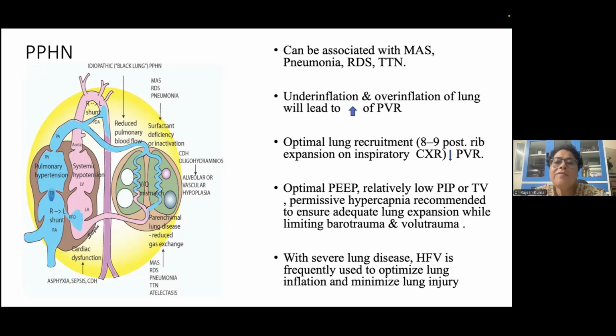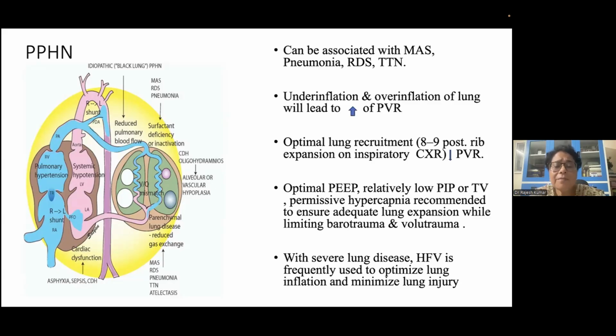Underinflation and overinflation of the lung will lead to an increase in pulmonary vascular resistance, as we have understood from our previous lectures. So optimal lung recruitment in this condition would be indicated by 8 to 9 posterior rib expansion on the inspiratory chest X-ray, and this expansion would lead to a decrease in the pulmonary vascular resistance.